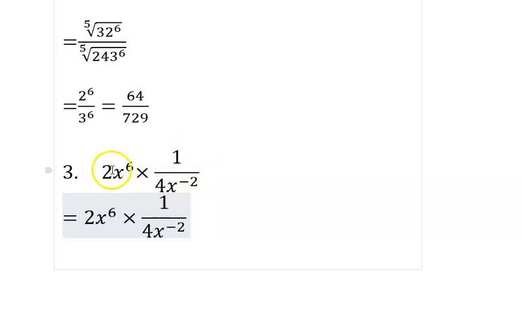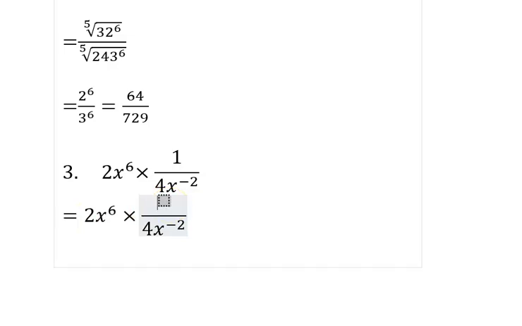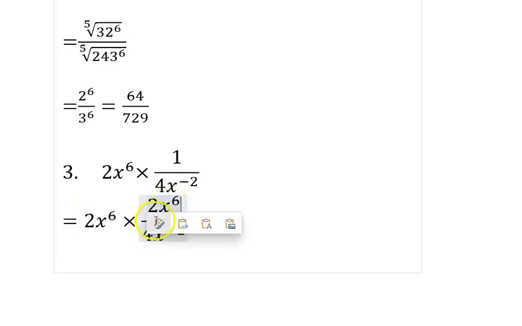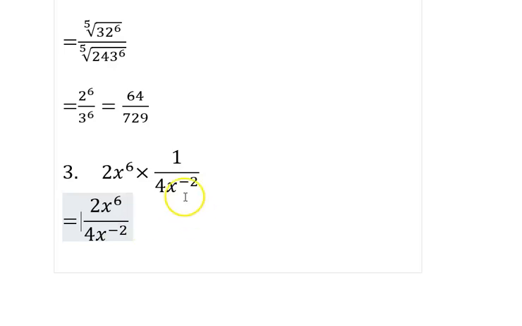So let's just bring this numerator together. 2x raised to power 6 times 1 will still give us what? 2x raised to power 6. Beautiful. That means we'll be able to bring all this together.